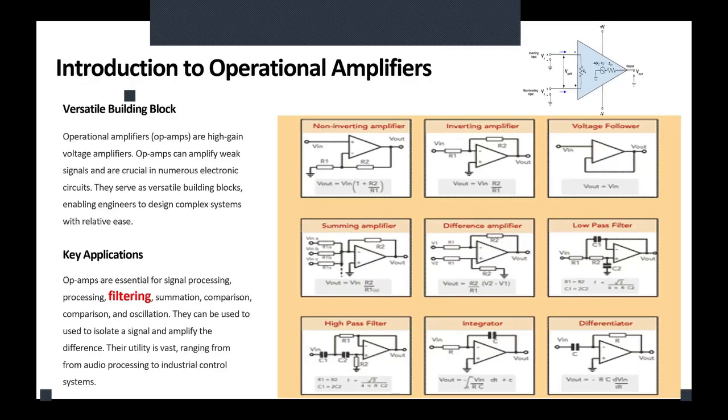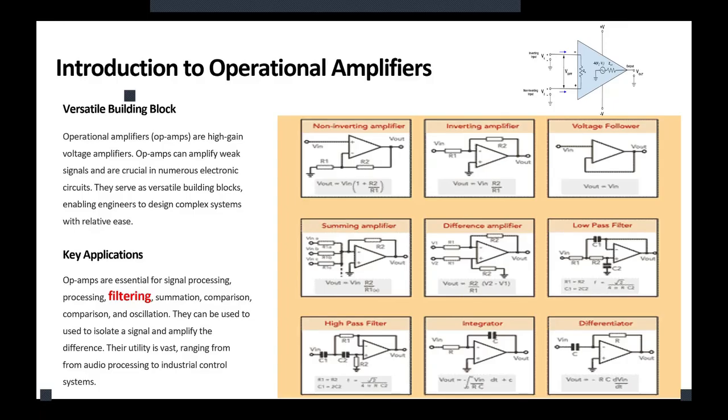Now, let's start with the basics. Imagine you have a tiny signal. Maybe it's a sound from a microphone or a voltage from a sensor, but it's so small that you can barely measure it. Suppose you want to boost the signal so you can actually work with it. That's where the operational amplifier, or op amp, comes in.